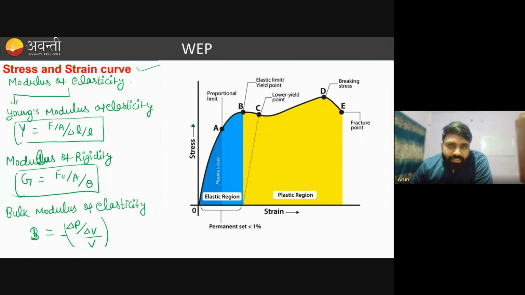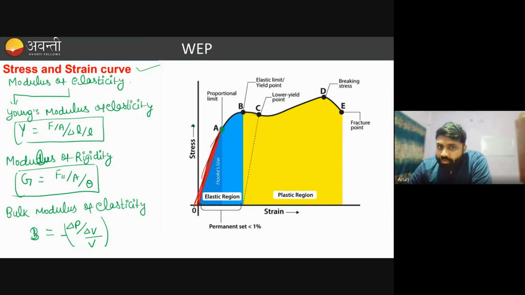Now, if we plot it for a ferrous material, okay, non-ferrous material, so these types of curve we have obtained. Now we have different points here. We have to understand what these points convey to us. So if I talk about this point A, before point A, you can consider this line to be nearly a straight line.